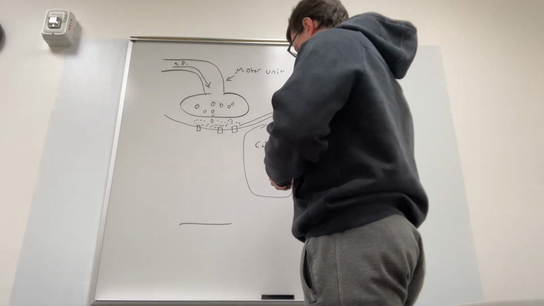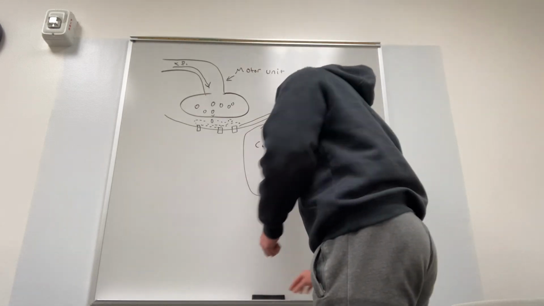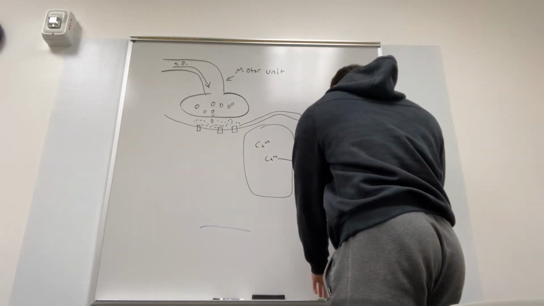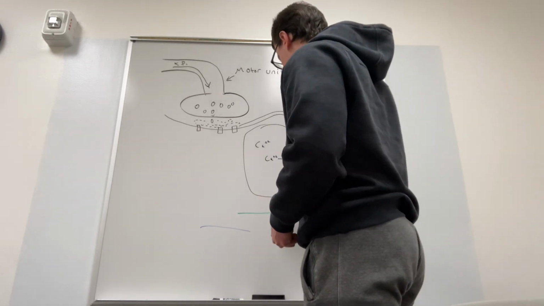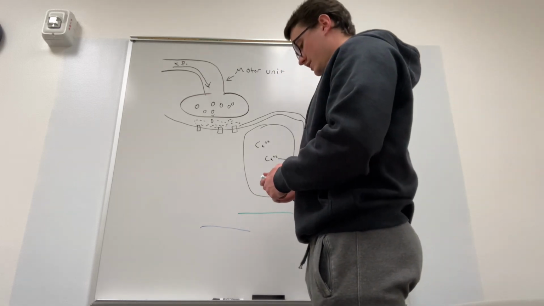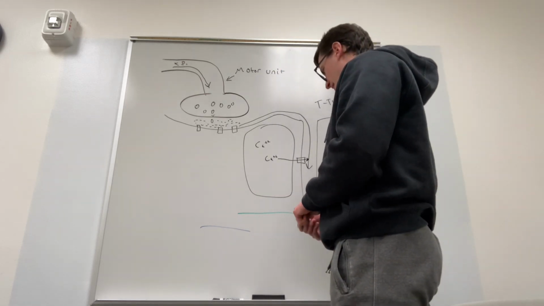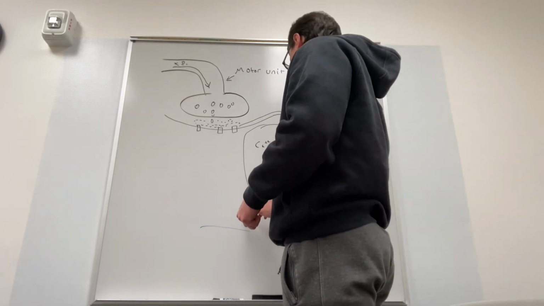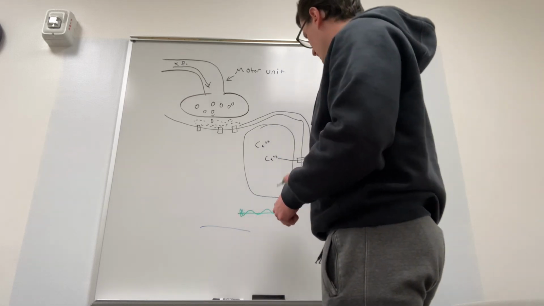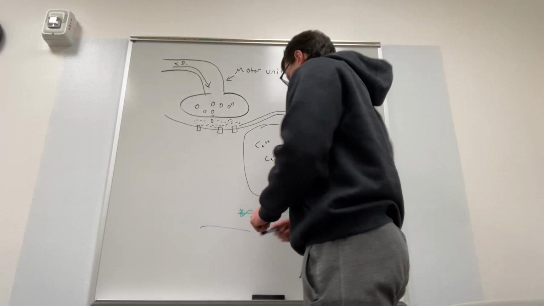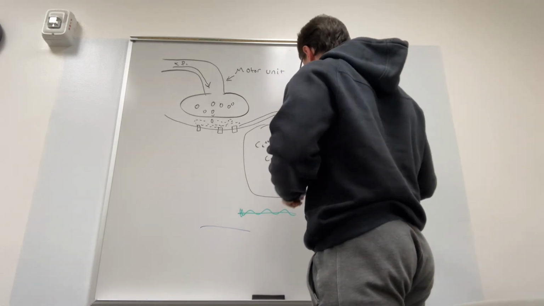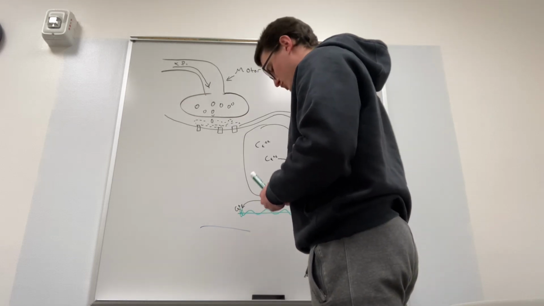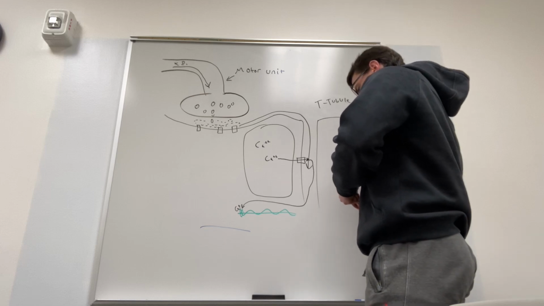So when it reaches our sarcomere, it is going to bind to troponin C. So that calcium is going to go down to the actin filament, and it's going to bind to troponin C over on the actin filament.